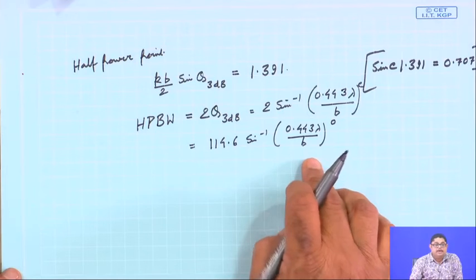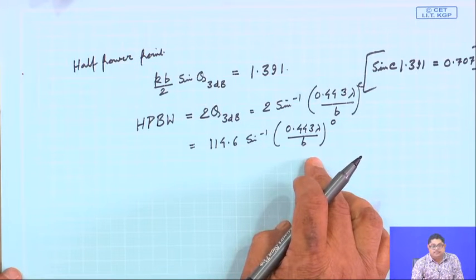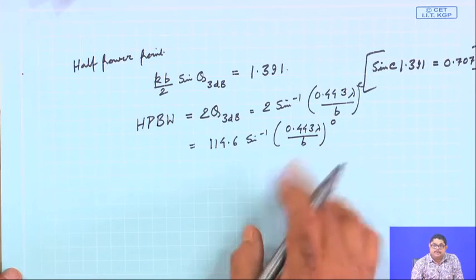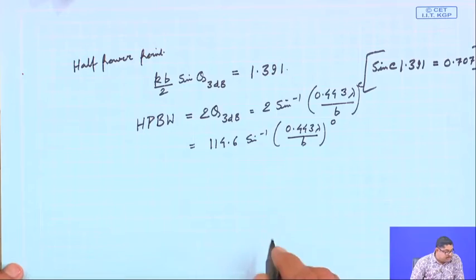So, if you know B in terms of lambda, you can easily find this.